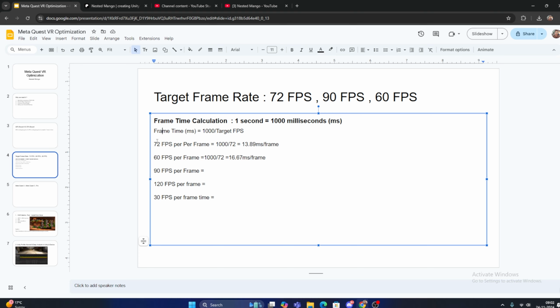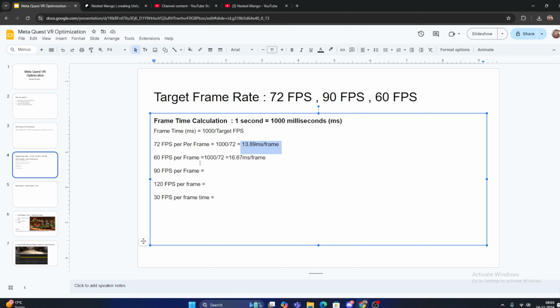Let's suppose you are targeting your device at 72 fps. How much time should one frame take, what should the target be? 1000 divided by 72, so it will be 13.89 ms per frame. Okay, so hope you got this.